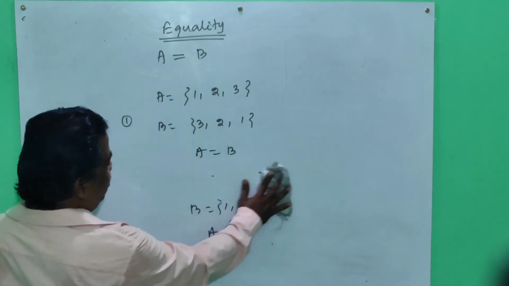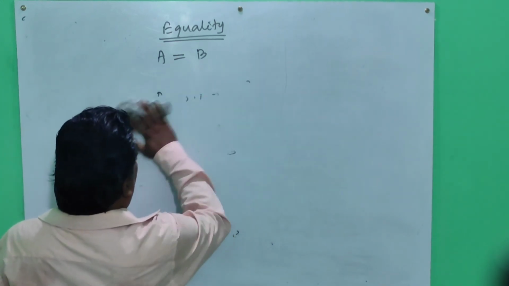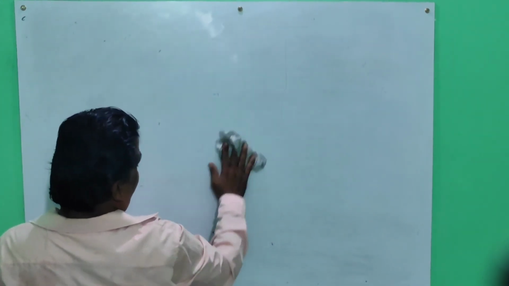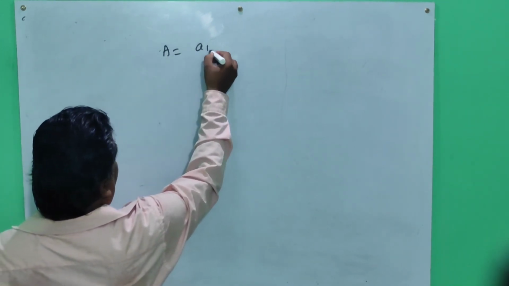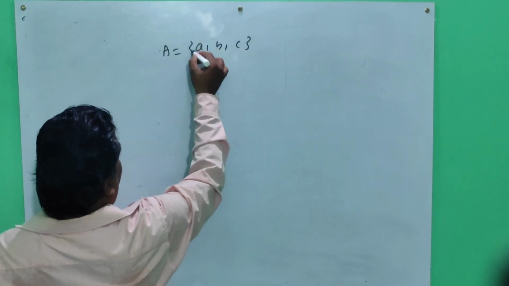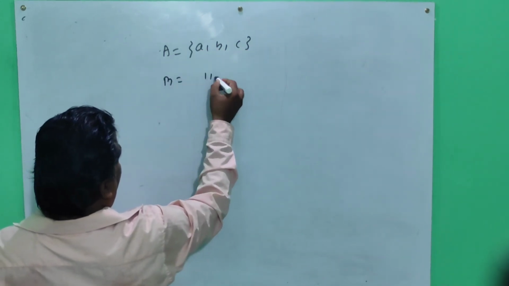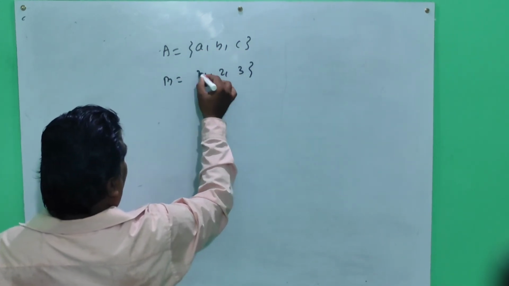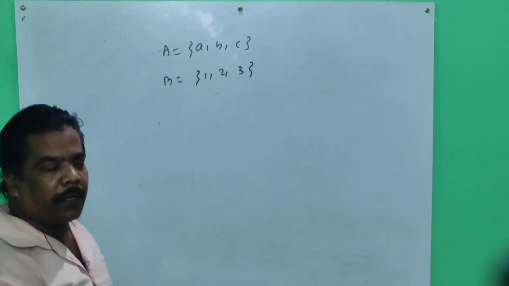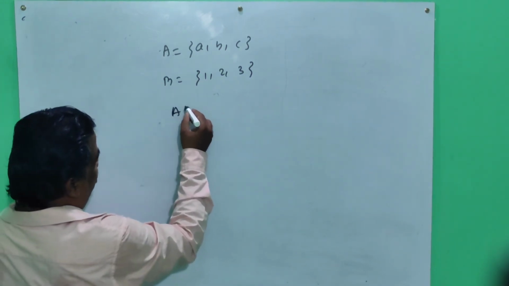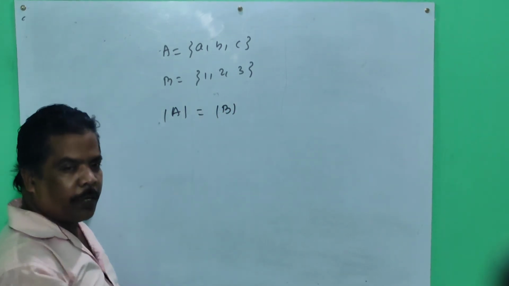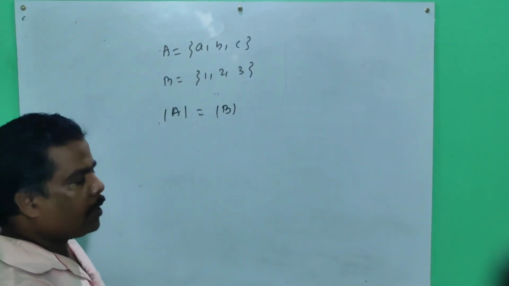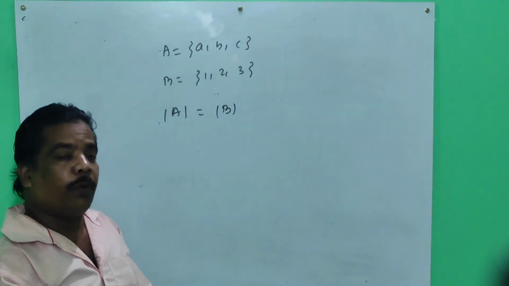If A is a set having 3 elements and B is a set having 3 elements, here they have the same cardinal number. The cardinality of A is equal to 3 and the cardinality of B is equal to 3. So they are not equal, as they do not have the same elements, but they are equivalent.